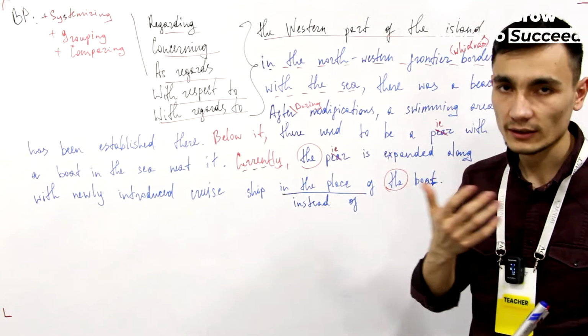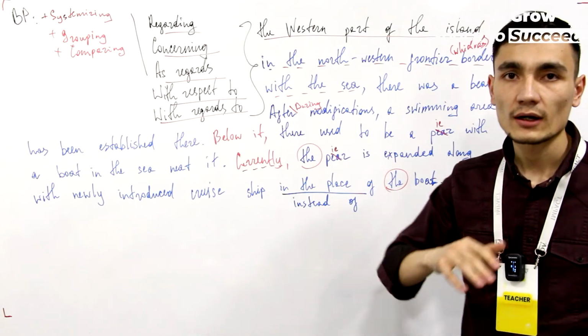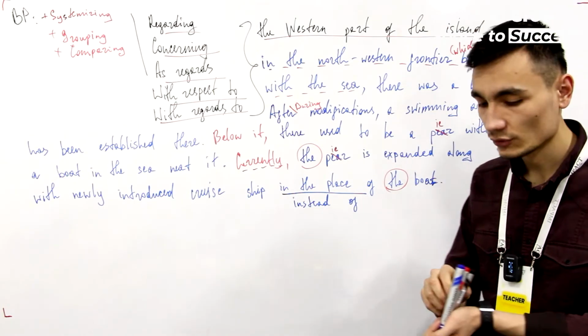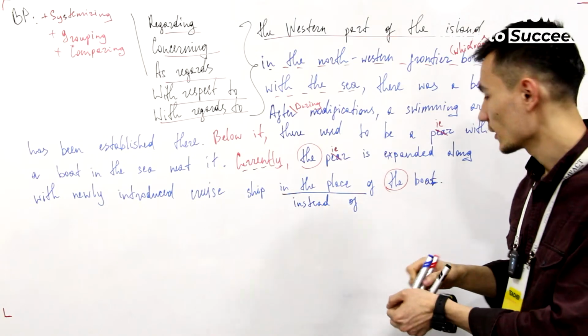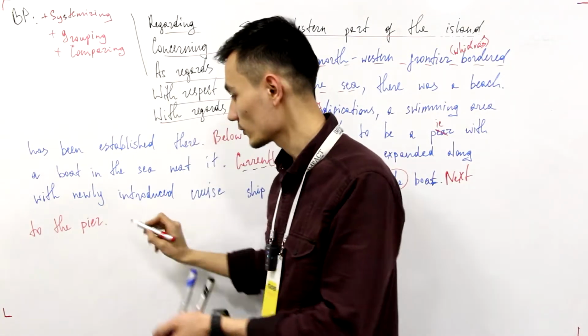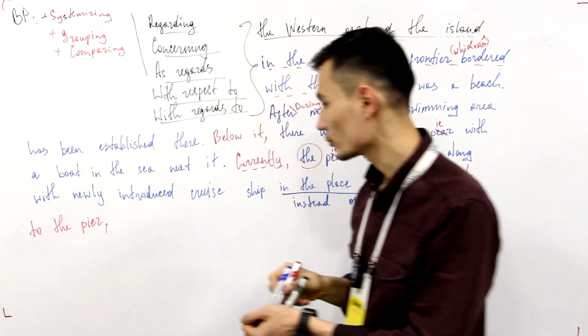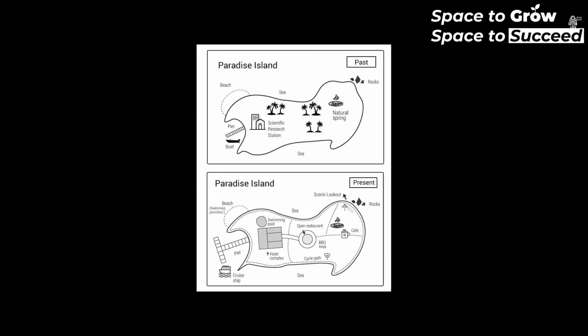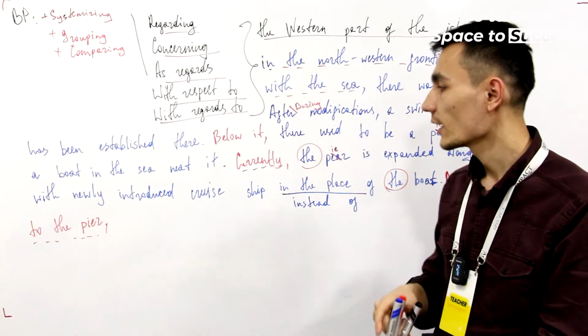The next detail of this body paragraph, on the left side of it, next to it, maybe we say next to the pier. Let's just write next to the pier. The reason why I wrote it is I just wanted you to see the transition. We are using the structure "next to" and a noun to move from one place or one thing to another thing.